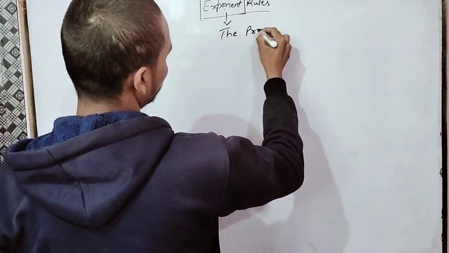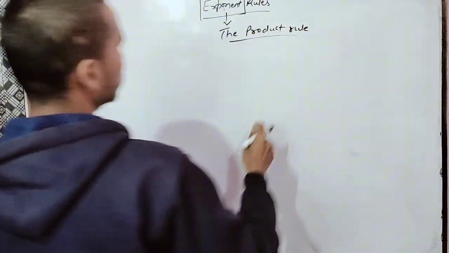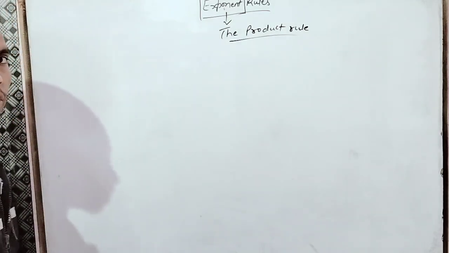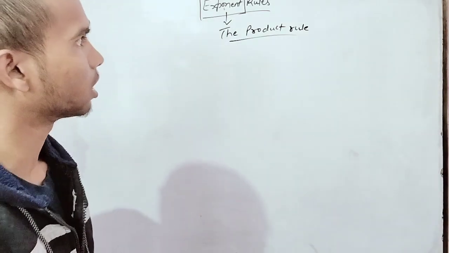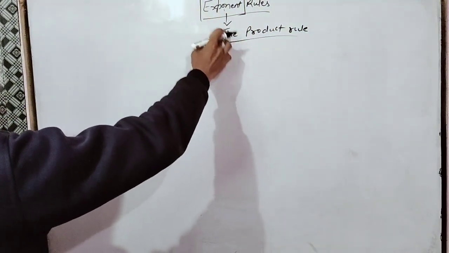The product rule. So in the context of exponent rules, we are going to understand the product rule. This is a part of this.